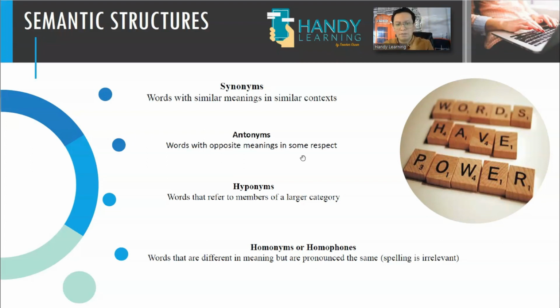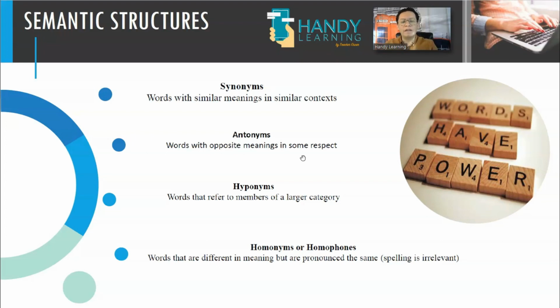Then we have hyponyms. These are words that refer to members of a larger category. In this category, we have two types of words, hypernyms and hyponyms. The hypernym is the category and the hyponym is the item that belongs to that category.